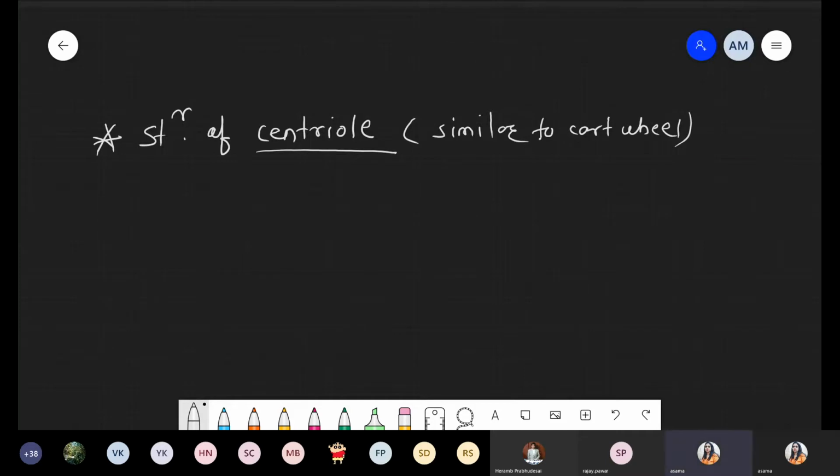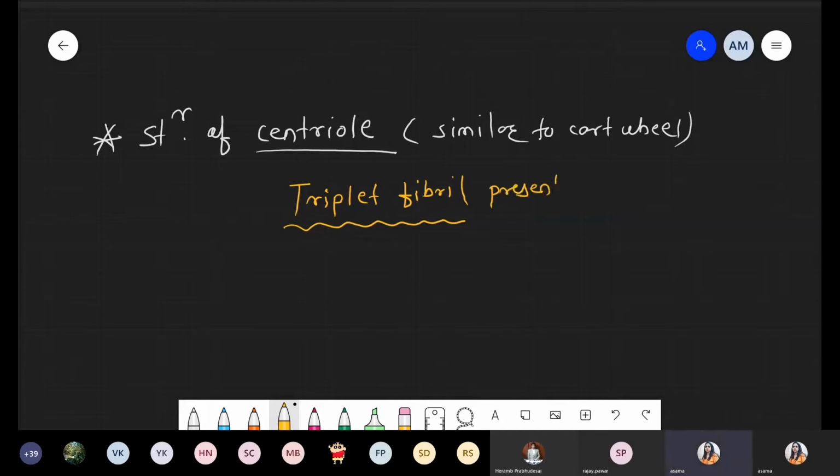Okay, so we are talking about the structure of centriole, and that structure is similar to a cart wheel. Now, first of all, starting with the structure, we have to discuss what kind of microtubules are present. Whenever we are talking about the structure of centriole, it consists of triplet fibrils.